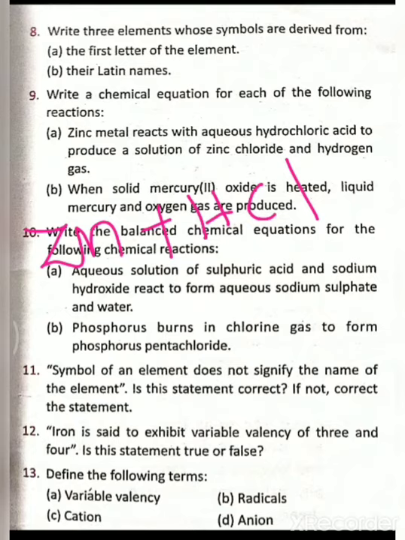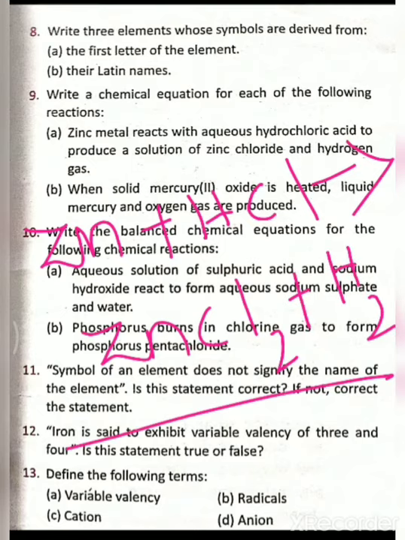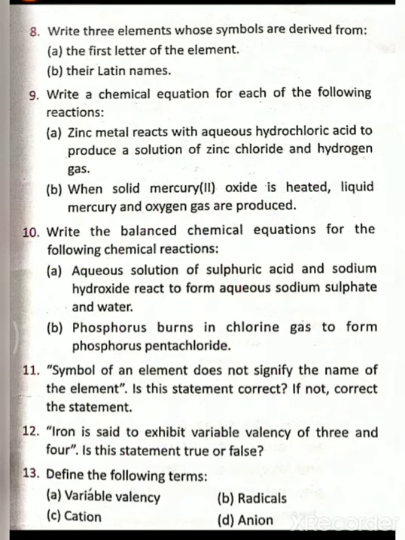What will we get? We will get zinc chloride with the liberation of hydrogen gas. So this is the equation for that chemical reaction. Okay, Zn plus HCl gives rise to ZnCl2 plus H2.